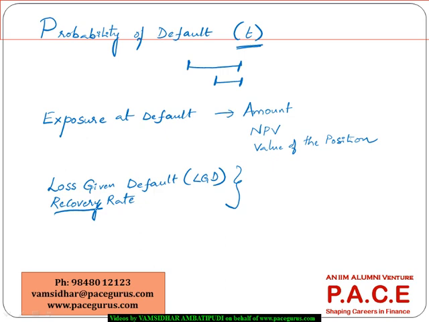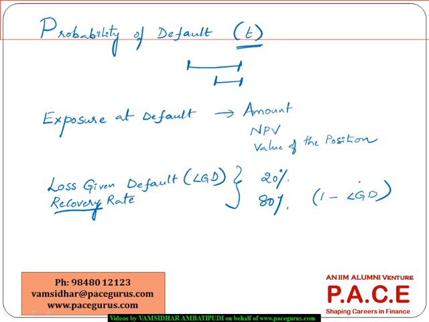the borrower defaults. That is what we are calling the loss given default, which means these two are connected like this. If I say loss given default is 20%, I can say that the recovery rate is 80%. So these are bound by that kind of a relationship. Recovery rate will come out as 1 minus the loss given default percentage itself.